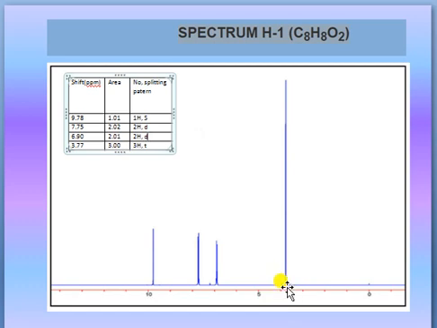3.9. If it is a toluenic proton, the toluene proton comes at 2.2, like that. But it is not, it is almost 3.9.